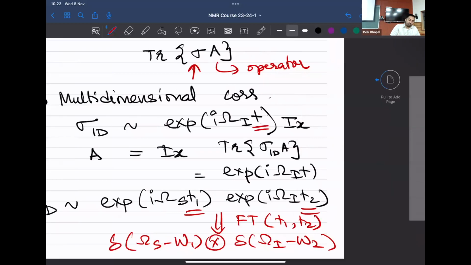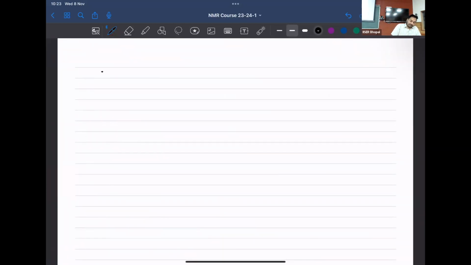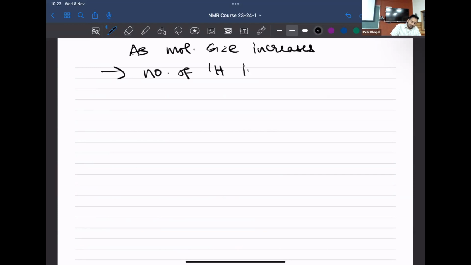Why did we want two-dimensional NMR experiments? This was done in one of the lectures, where as molecular size increases, the number of protons increases. And the consequence of this is that lower resolution comes up.